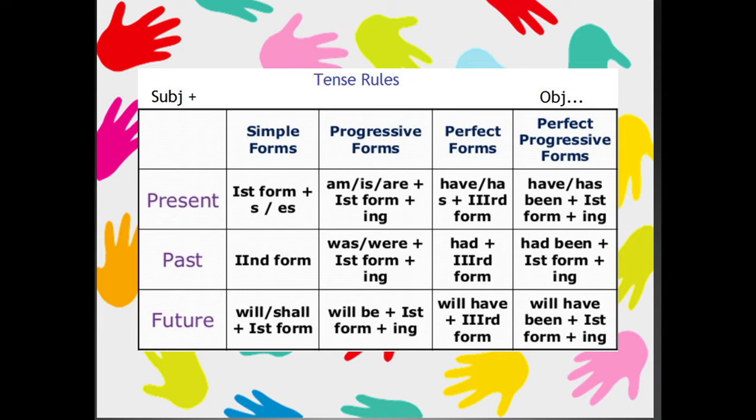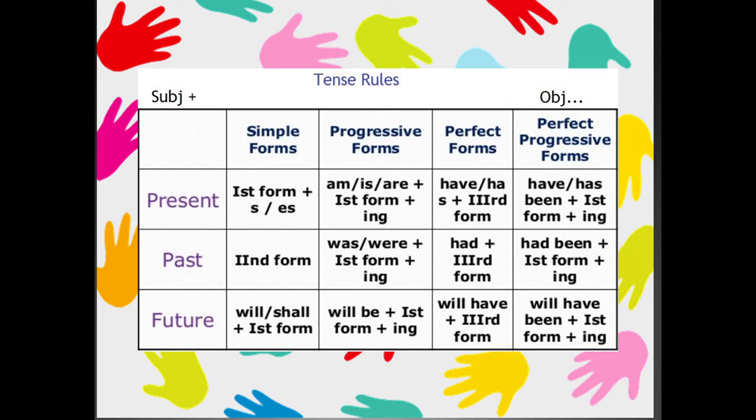Similarly, in the past tense, we use the second form of the verb. In the progressive form, we use was, were, plus the first form of the word plus ing added to the main verb. In the past perfect form, we use had plus the third form of the verb.